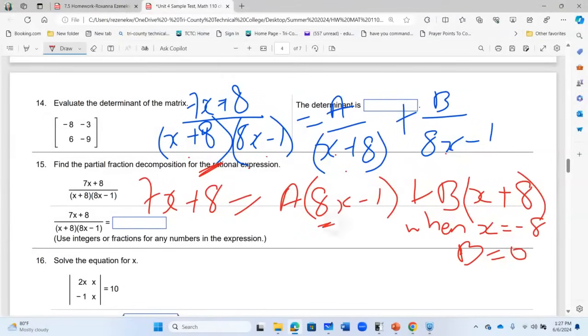And if I substitute negative 8 here, I have negative 64, so I have negative 65. A is equal to, I go to the left-hand side, 7 multiplied by 8.